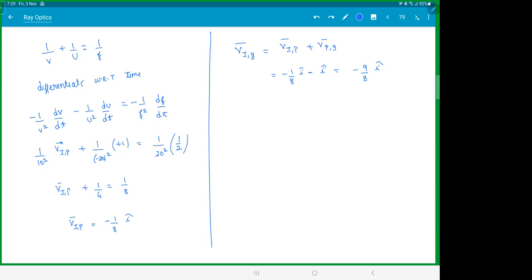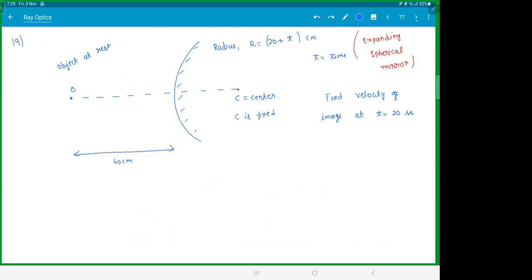Same question. Can you tell me what will change in this question if, instead of the center being fixed, the pole is fixed? What would have changed in the question? If pole is fixed, what would have happened? Then U becomes constant, no? Yeah, right, Anika.